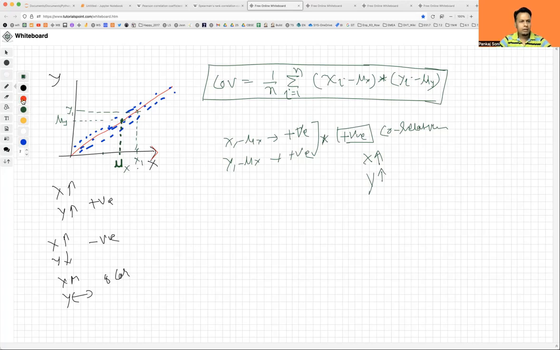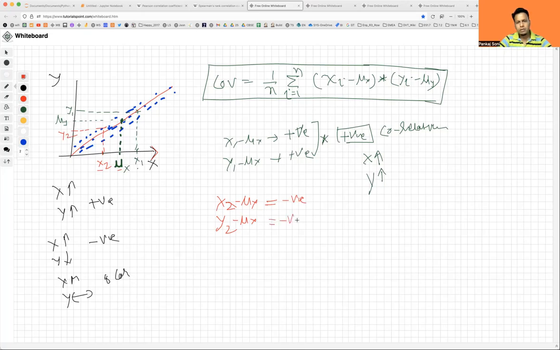Now let's take another value here. I'm going to use another color to represent the data. Say you have another point, x2, and the corresponding value is y2. Now x2 minus mu of x is negative because x2 is smaller than mu x, and y2 minus mu of y is also negative because y2 is smaller than mu of y.